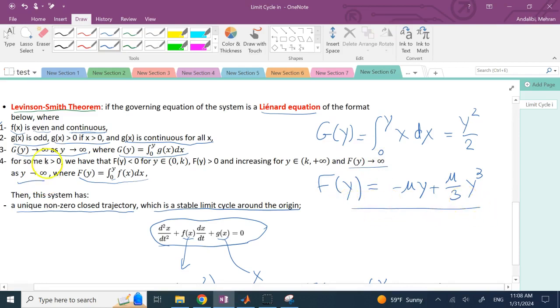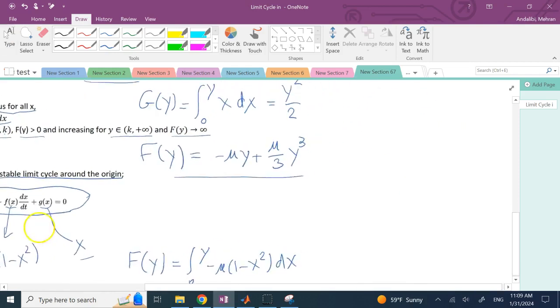The other thing is, for some number k bigger than 0, you should have this F of y be negative for y between 0 and k. And then for y after k to positive infinity, this function should be positive. So as y goes from 0 to k, it should be negative, and then as it goes from k to infinity, it should be positive.